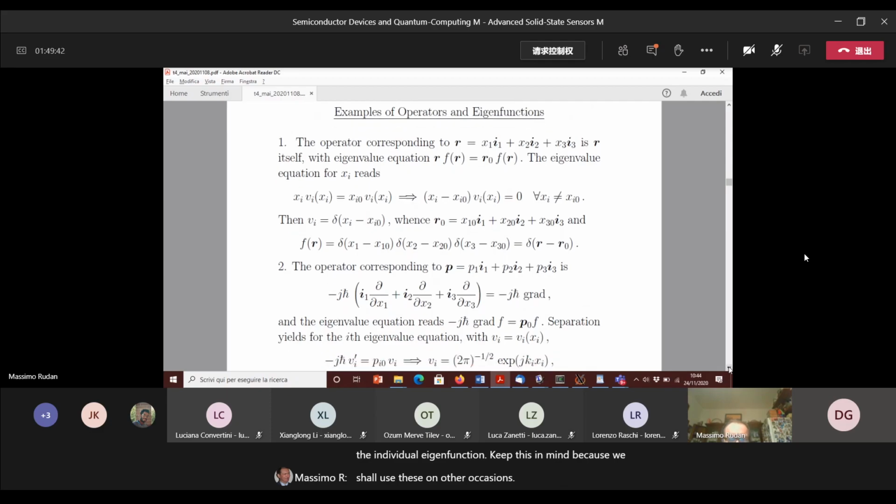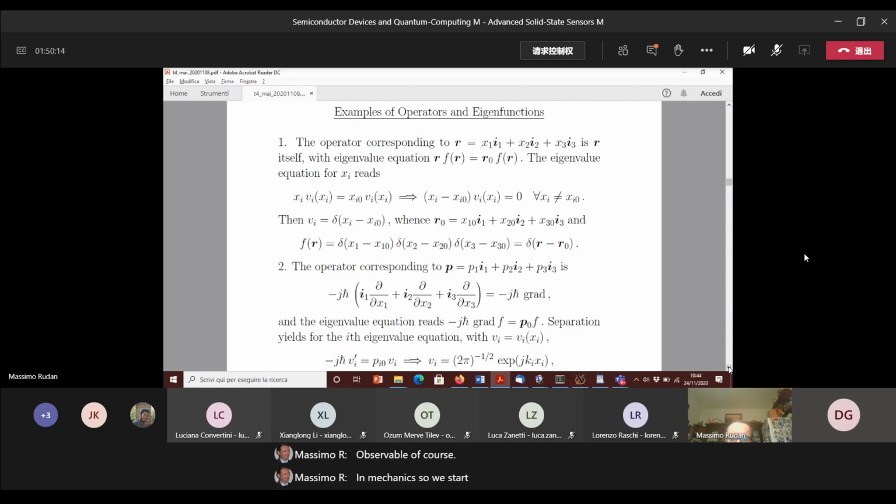Let's consider two important examples. We want to consider position. So we have to apply the procedure that we have described so far to the position. The position is a possible observable, of course, in mechanics.